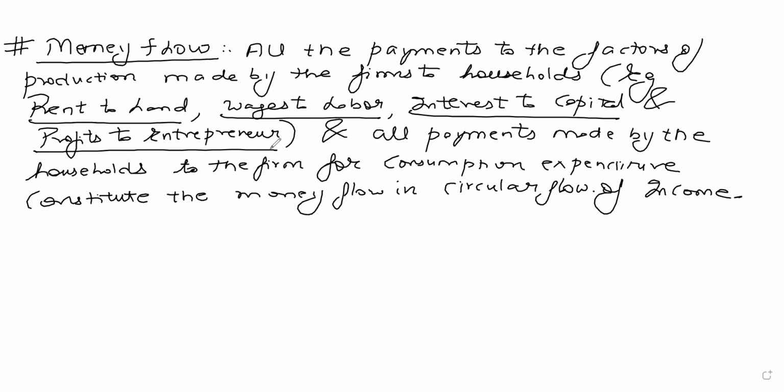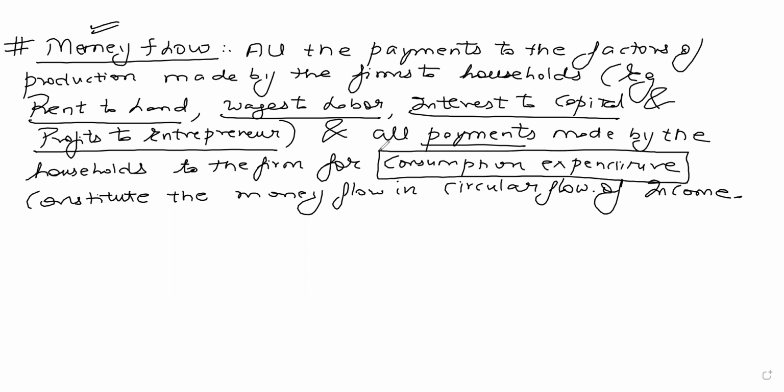So firms are making these payments to the households. Now these payments are in money terms, so it's a part of the money flow. Similarly, guys, households are buying goods and services from the firms, and households are making payments for those goods and services, which is called consumption expenditure.